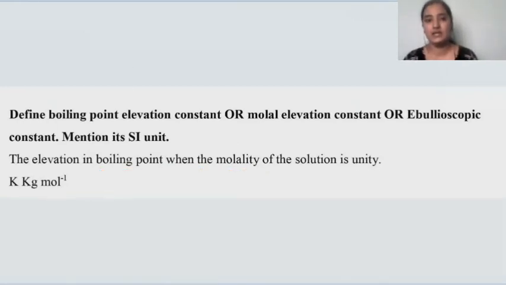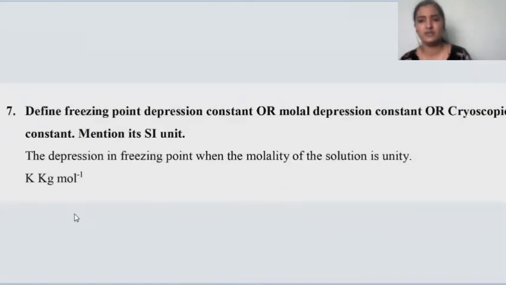Now let us move to the next question. It is almost similar to this question, but here we use the freezing point term. The question is: define freezing point depression constant, or molal depression constant, or cryoscopic constant, and mention its SI unit.